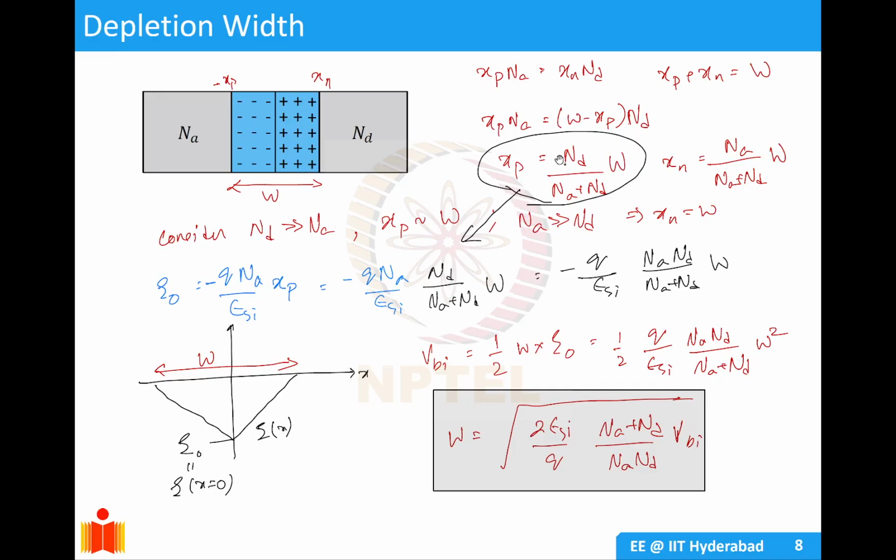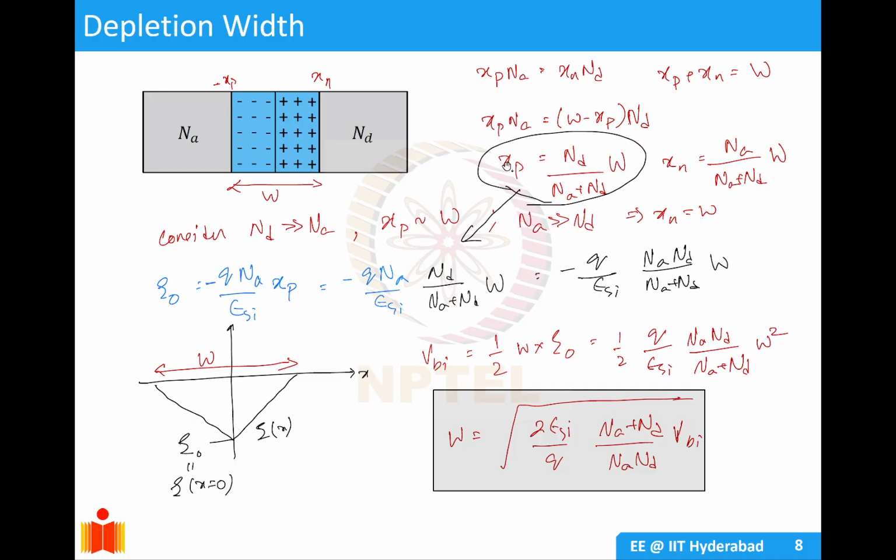So from NA, ND, and W, you can get your XP and XN. Now if we consider that ND is greater than NA, then NA plus ND is approximately ND.